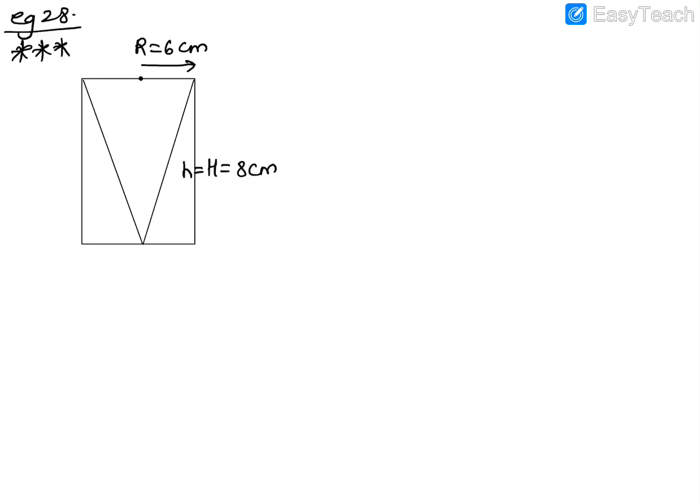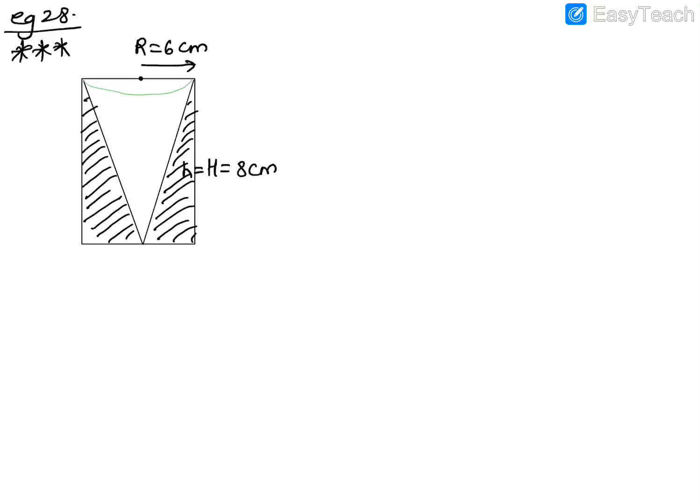Find out the volume of the remaining solid and the TSA. So see guys, basically we are asked to find what? This is the remaining solid whose volume and surface area we need to find out. In case somebody is still confused, I try to make it 3-dimensional.